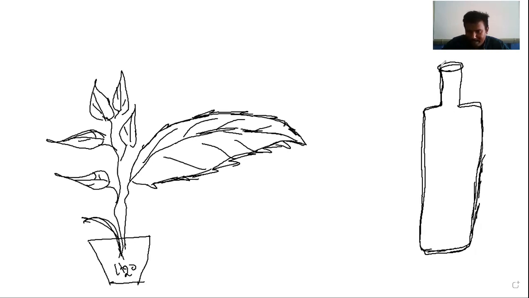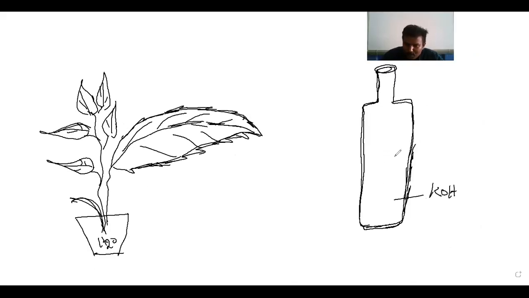Here it should be open. Keep some amount of potassium hydroxide solution in it. Due to keeping some amount of potassium hydroxide solution, it will absorb the carbon dioxide present in the beaker. Whatever carbon dioxide is present will be absorbed by the potassium hydroxide.